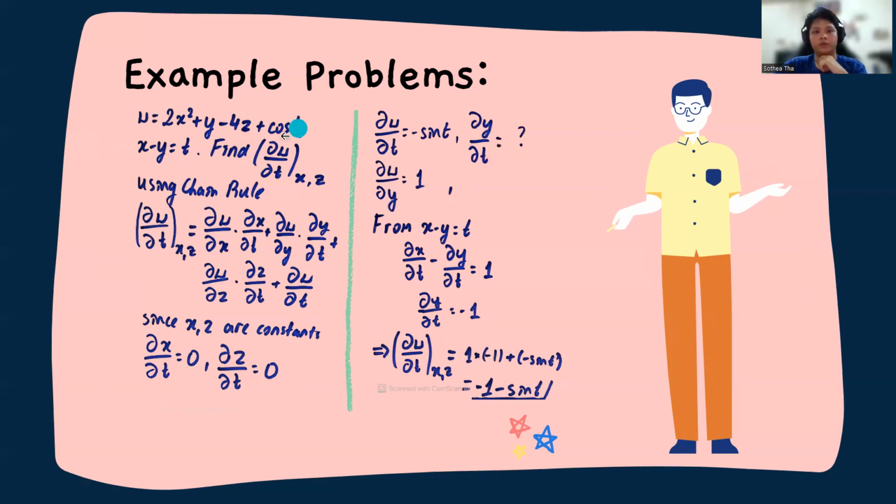And to find dy over dt, we have to look at this relation and differentiate both sides. dx over dt minus dy over dt equals 1. But we've established here dx over dt equals 0. That means dy over dt equals 1. And we just plug all these in, and we will get 1 minus sine t.